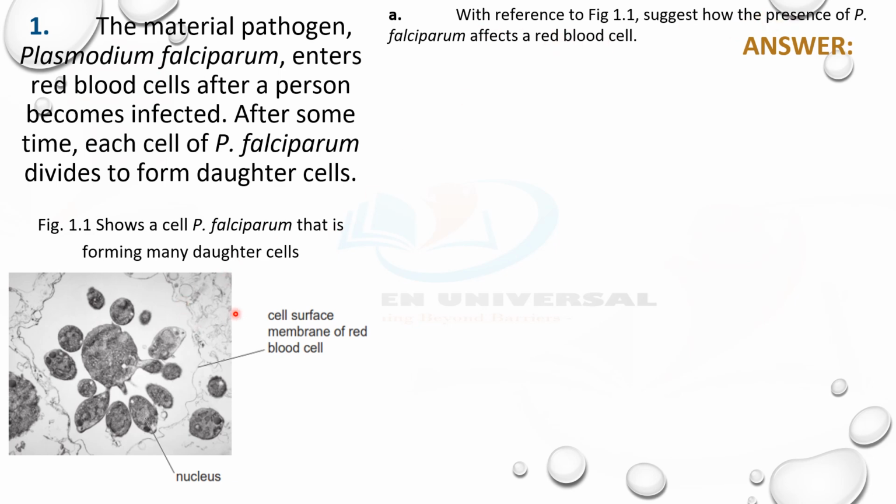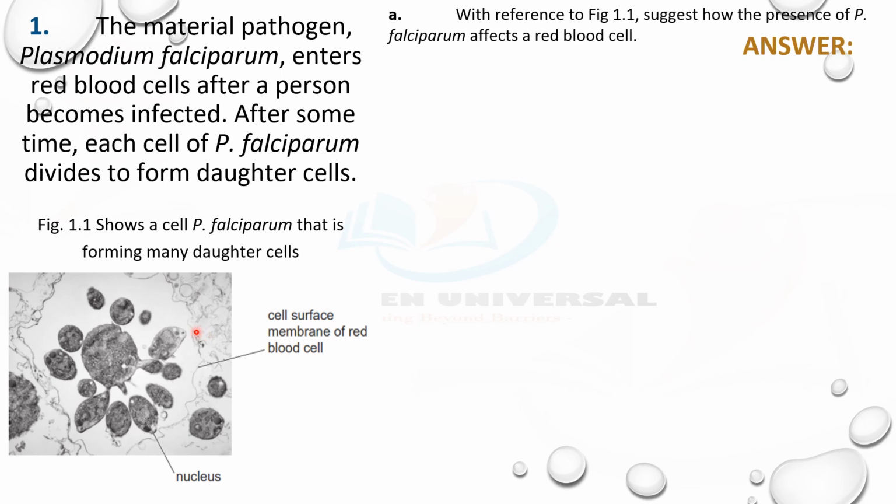Now, if you look at this, guys, how does it affect it? Suggest. You can see that it is changing the shape of the red blood cell. You know, a red blood cell has a biconcave disc shape, which gives it a large surface area to take up oxygen.